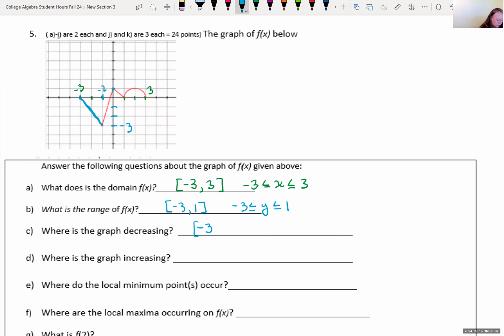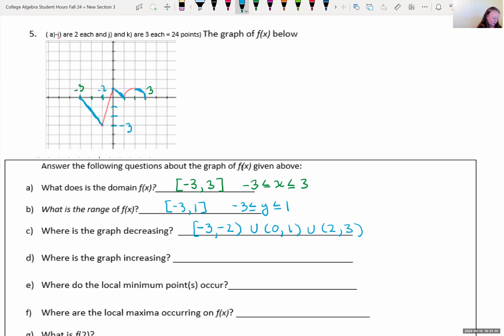And we're stopping at x equals negative 2, so I'm going to put parentheses there. I notice that it's also decreasing here, starting at x equals 0, ending at x equals 1. And then I also see that it's decreasing here from x equals 2 to 3, so parentheses 2 to 3.